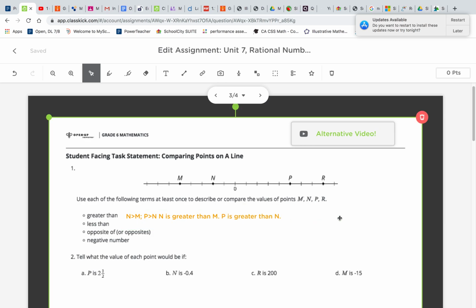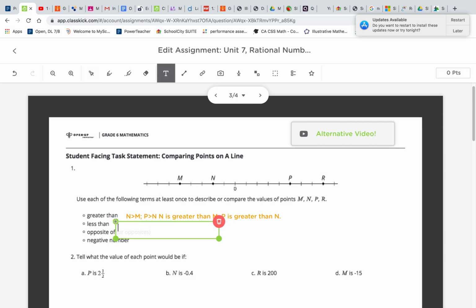Okay, so less than. Well, that's kind of the same idea, except we're going to be looking for values that are to the left of other values. So, for instance, M is going to be less than any of the other points that have letters with them. Anything to the right of here is going to be bigger than M, which means M is going to be less than those.